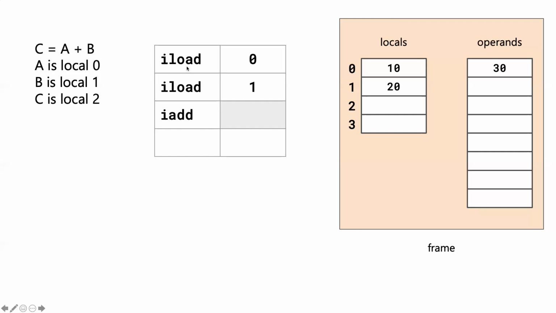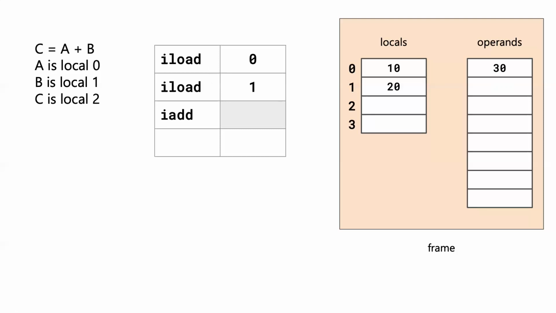Whereas these 2 iloads had an operand that said which local variable we're trying to access, iadd doesn't need an operand. It's implicitly going to operate on the 2 things on top of the stack. So it would get encoded with just 1 byte. Each of these iloads, at least the way they're written down here, gets encoded as 2 bytes.